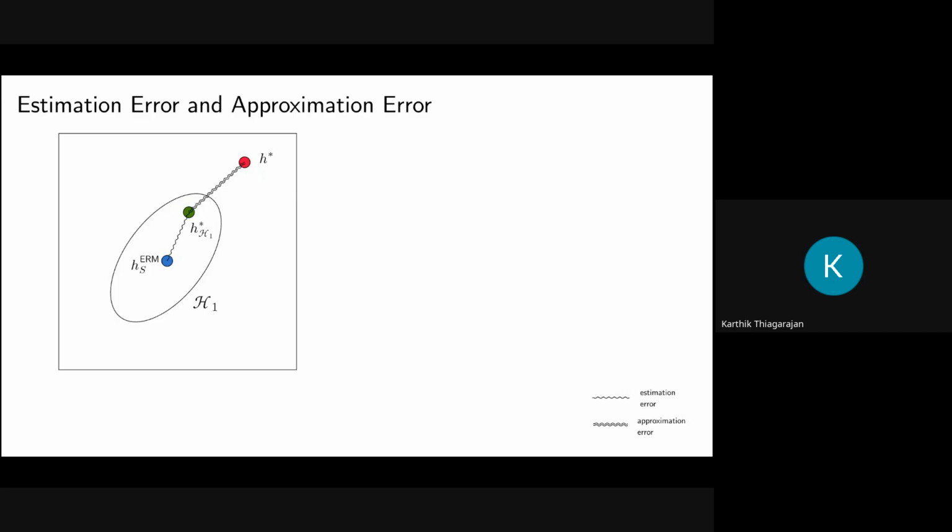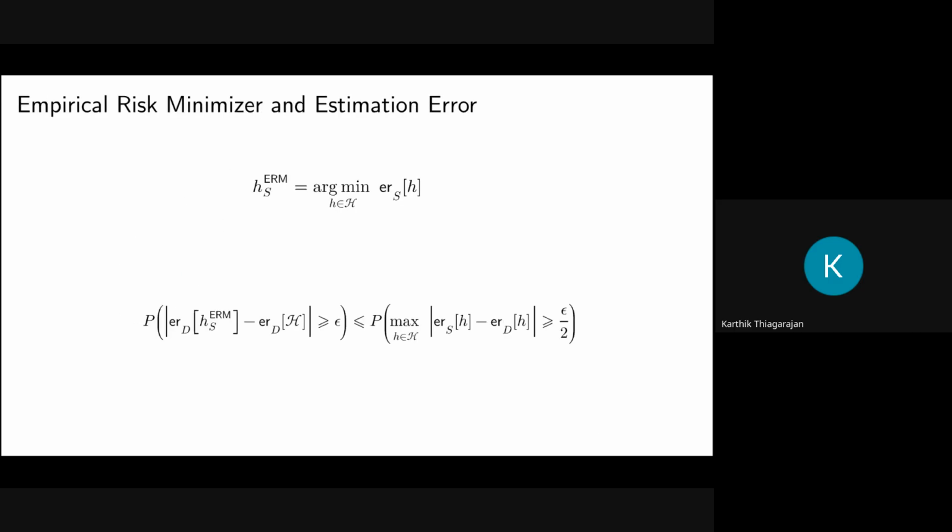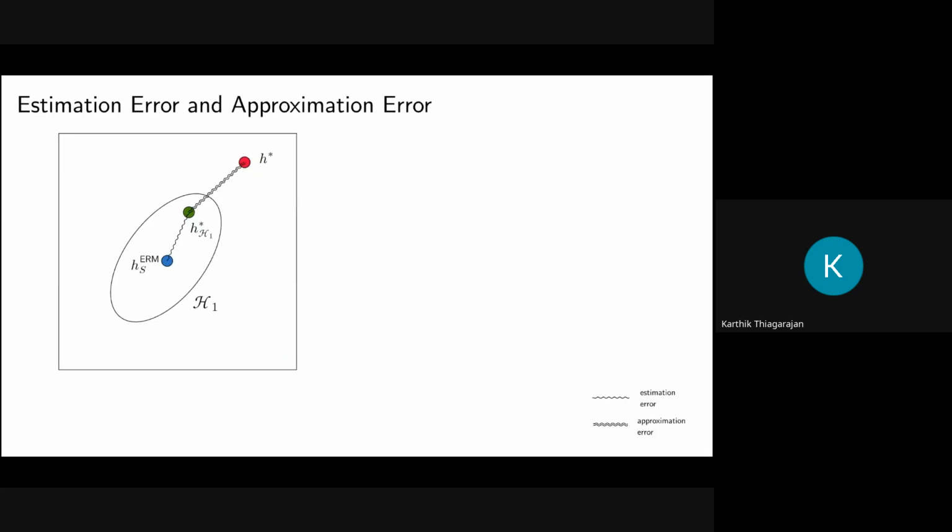This wavy line segment is the estimation error. If you go back to the estimation error, how far away is the test error of the ERM from the best classifier? That is what this is. So this is how far away ERM is from the best classifier inside this hypothesis class.